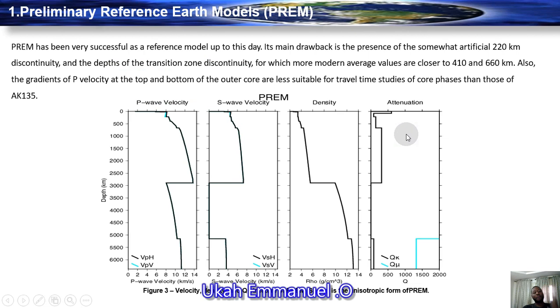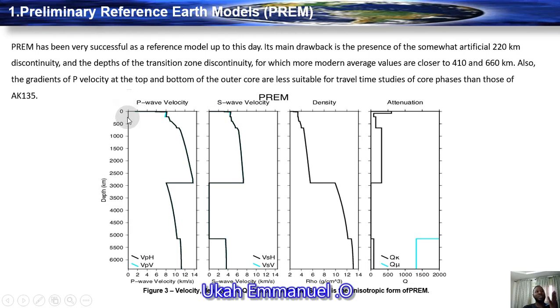So there is a conclusion we need to draw in this preliminary reference Earth model. There is an artificial discontinuity which gives it an upper edge over other reference models. In other reference models, the discontinuity usually occurs at 410 kilometers to 660 kilometers, but in this one the discontinuity occurs at 220 kilometers, from zero down to this place.